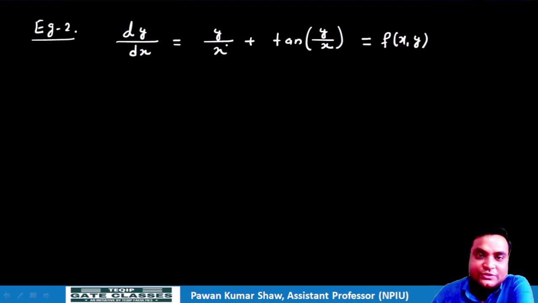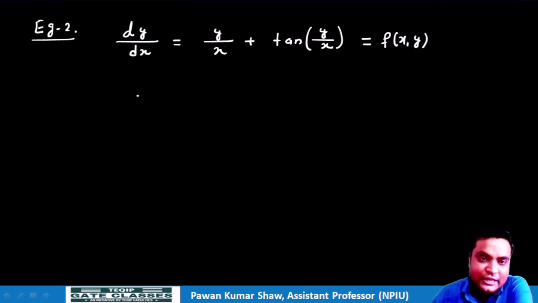Okay, if you notice this y by x plus tan of y by x, this is a homogeneous function of degree 0. Why? Because this right hand side function is given exactly in terms of y by x, or if it is given sometimes in x by y, or you can also check with replacing with lambda x and lambda y.